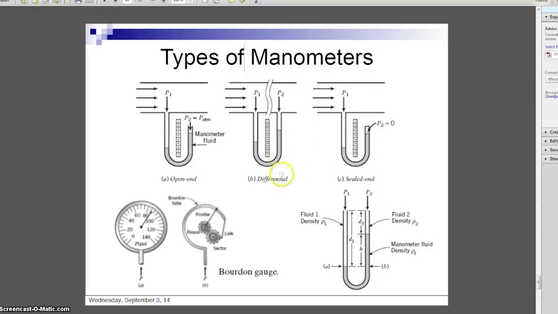You will find all of these types of manometers throughout industry, but most pressure measuring devices use a gauge. This is an example of a Bourdon gauge. You find this a lot at the top of a container, like a gas container, oxygen container, nitrogen container.